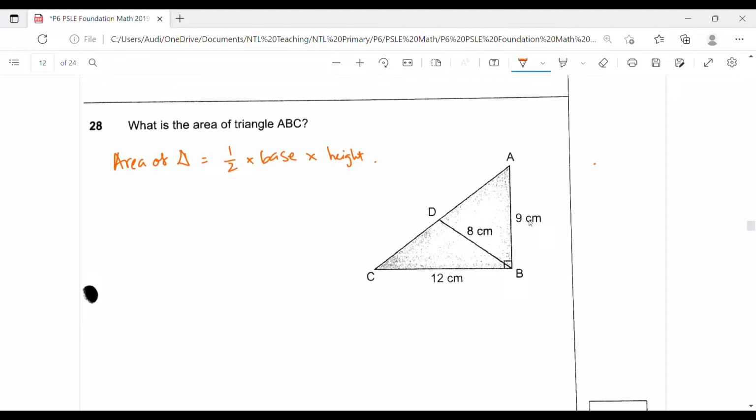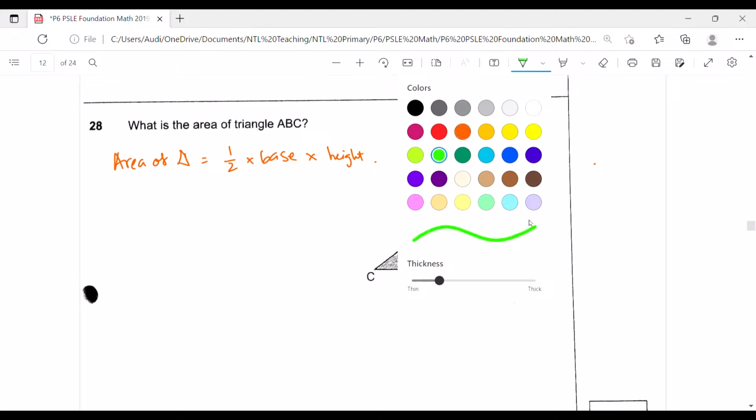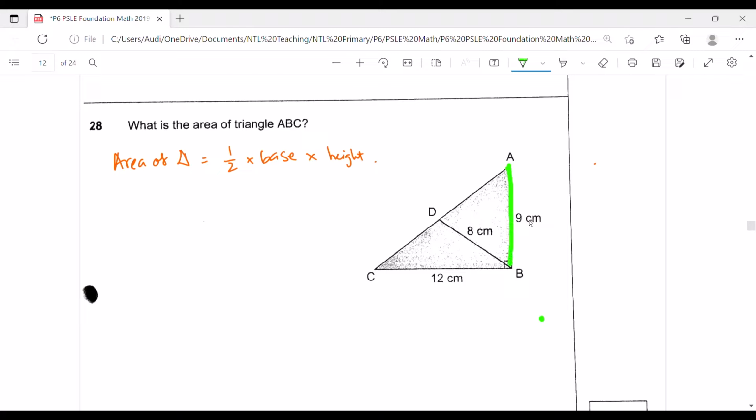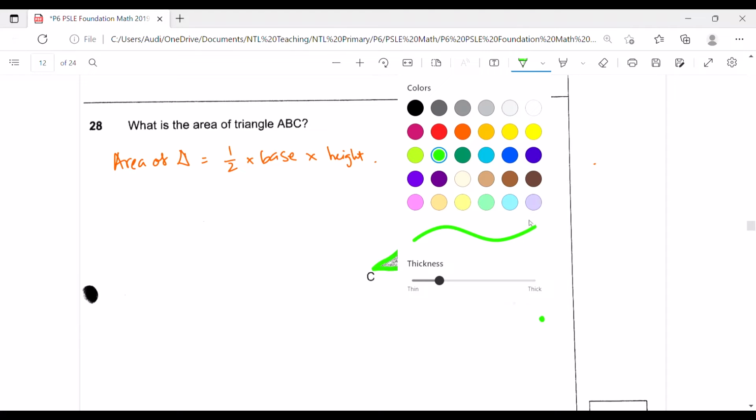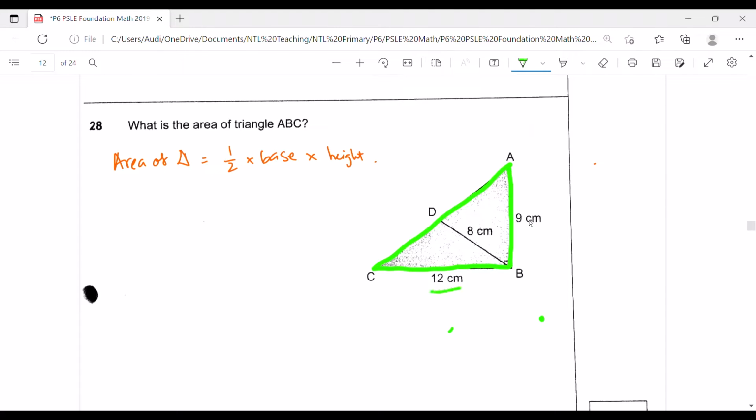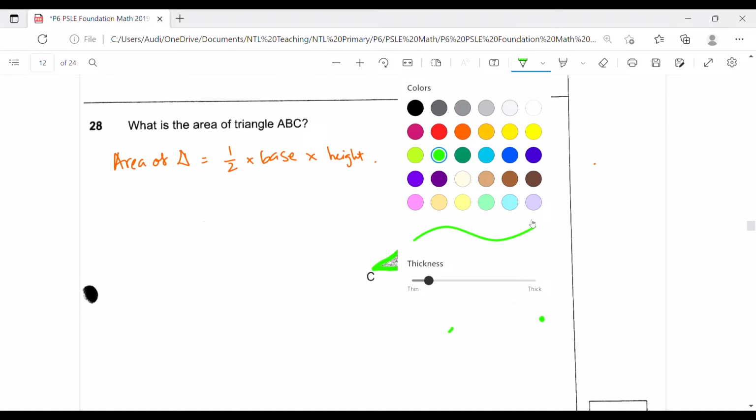Okay, now we want to know this triangle, area of ABC. So first we identify the base. What is the base? This is the base. What is the perpendicular height? This is the perpendicular height. Why is this perpendicular? See, 90 degrees. How do we know? 90 degrees here.